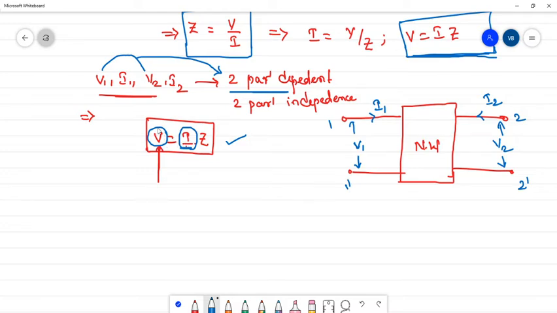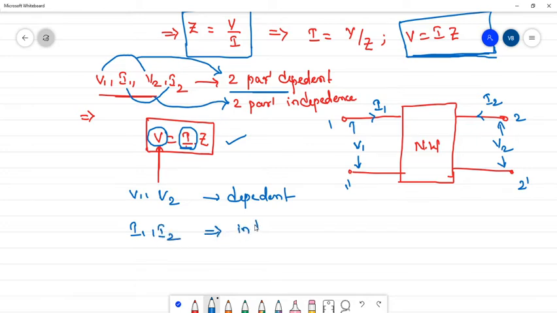If V is dependent, it means I1, I2, these two will become independent variables. So V1 and V2 are dependent parameters, and I1, I2 are independent parameters.